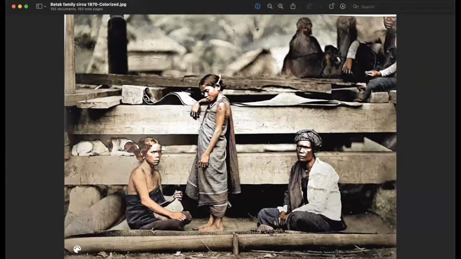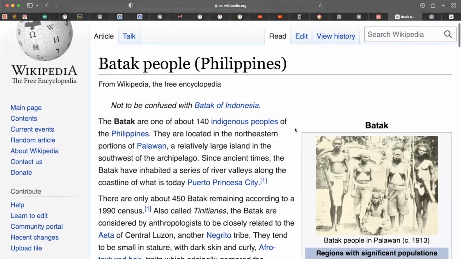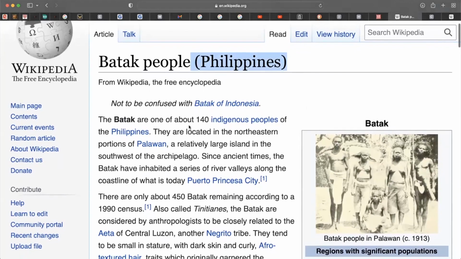Right here, we have a Batak family, circa 1870. Real quick, Batak people, Filipinos, right? The Batak are one of about 140 indigenous peoples in just the Philippines alone.